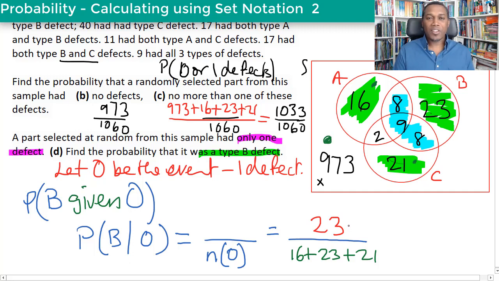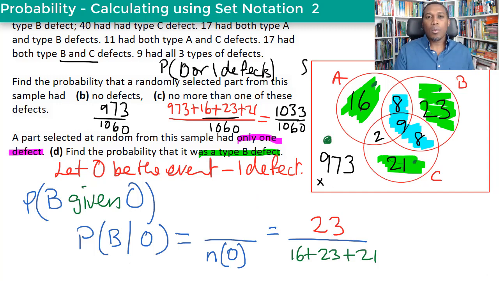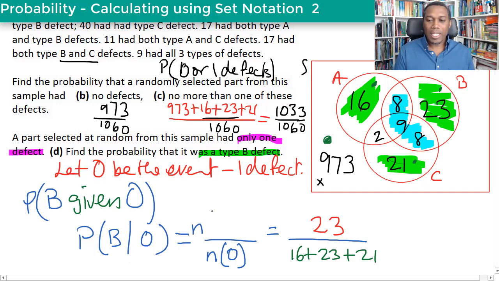That's the number of elements that have one defect, and they're in B. And if I ask you, what region were we counting? Well, we've just worked out the number of elements in B intersection O.